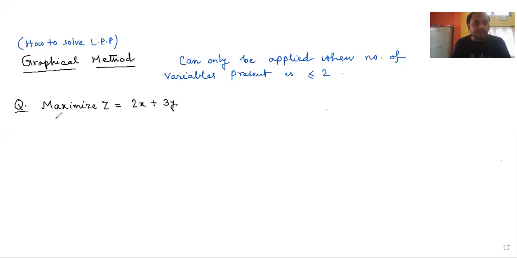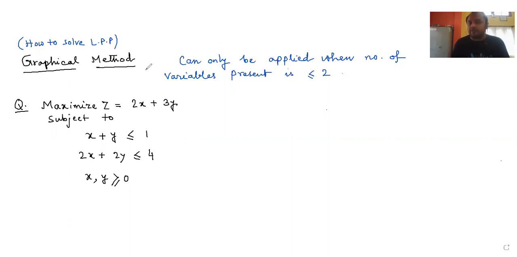Okay, and subject to, I'm considering the constraints as x plus y is less than or equal to 1, and 2x plus 2y less than or equal to 4. Okay, and x comma y greater than or equal to 0. Suppose this is my problem, and I have been asked to find the values x and y.